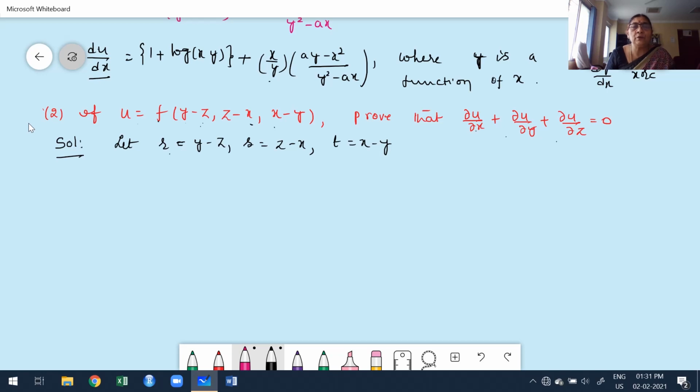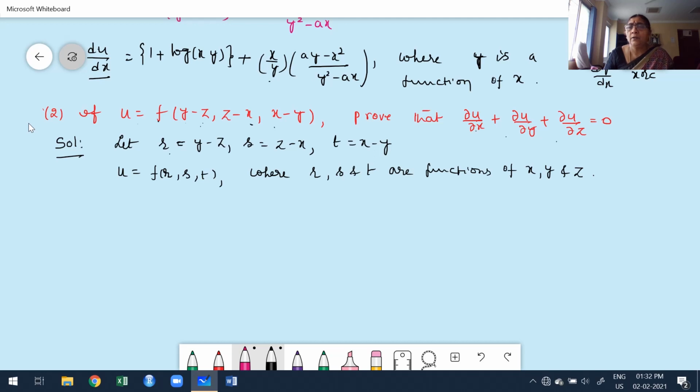Once you choose r, s, t, u must be a function of r, s, t, where r, s, and t are functions of x, y, and z. I think it's clear how to proceed. u is a function of r, s, t, where r, s, t are functions of x, y, z.